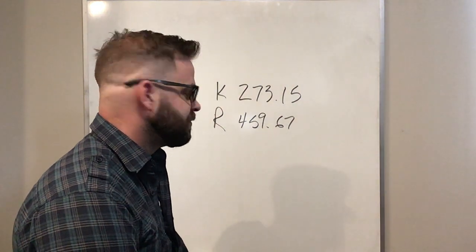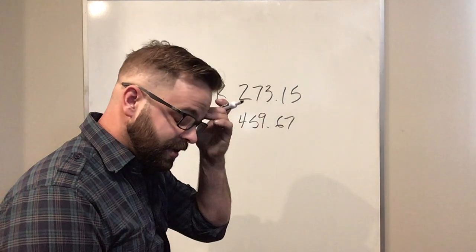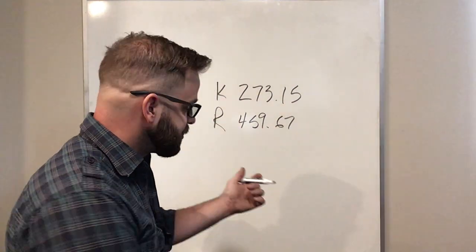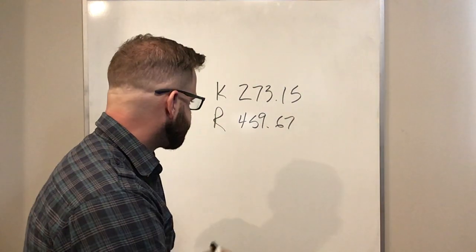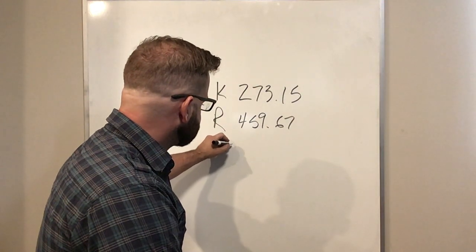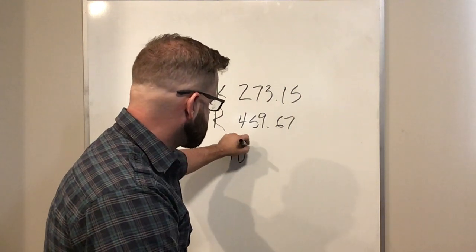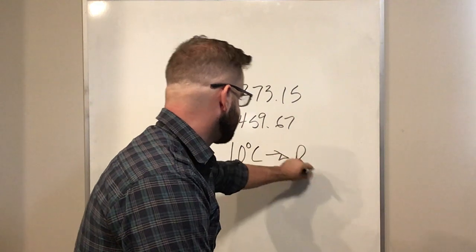So let's just combine them all together since you know how to convert. So let's do just a couple examples of this. Let's do 10 degrees Celsius to Rankine.